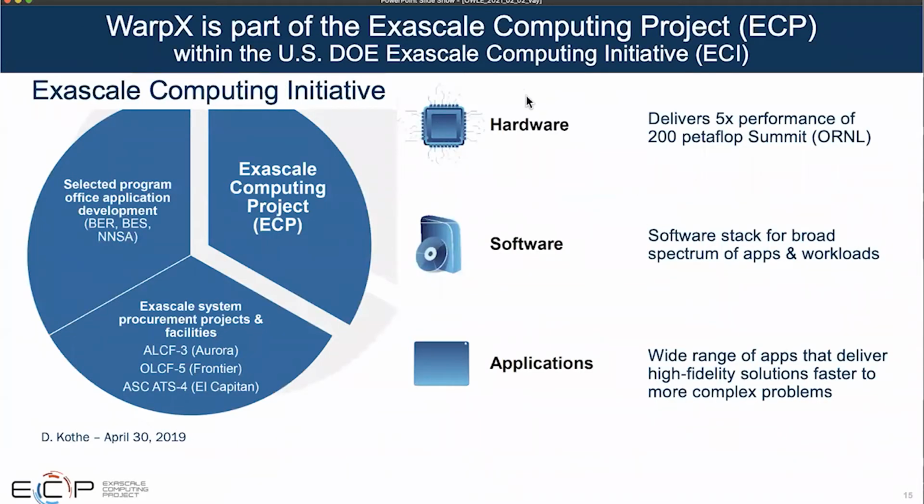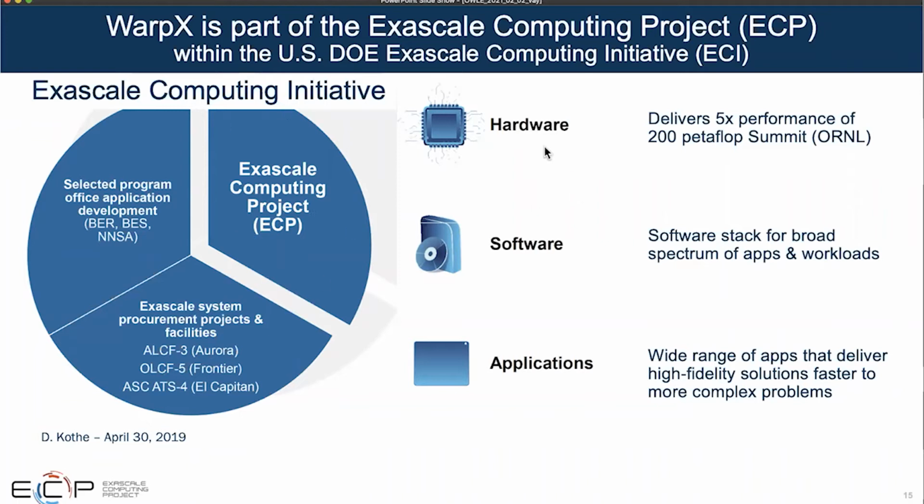So again, WarpX is part of the Exascale Computing Project, which is a very big project at DOE. The key things to note as far as this presentation is concerned is that it includes the procurement of the machines, so a number of Exascale supercomputers will be available in the US starting next year for full access, at least for some of them.